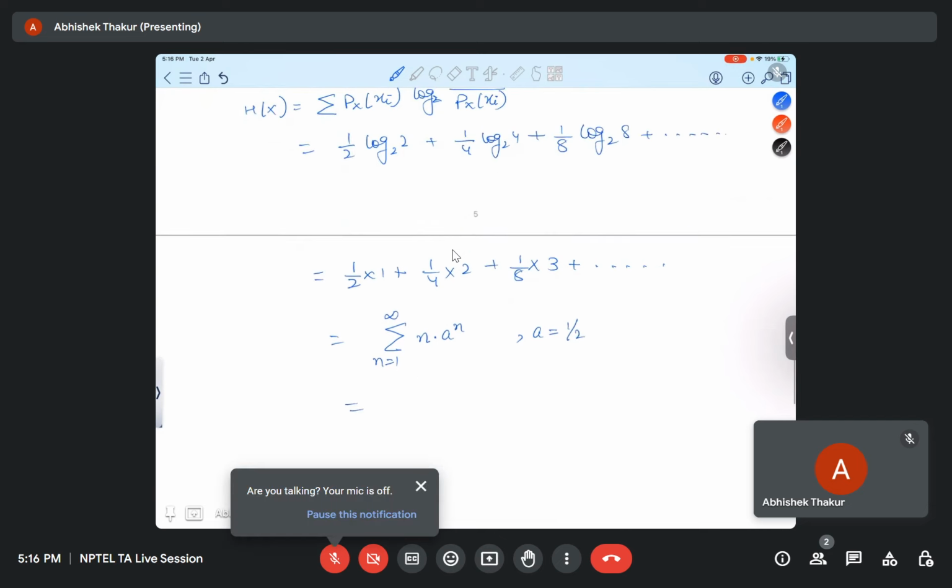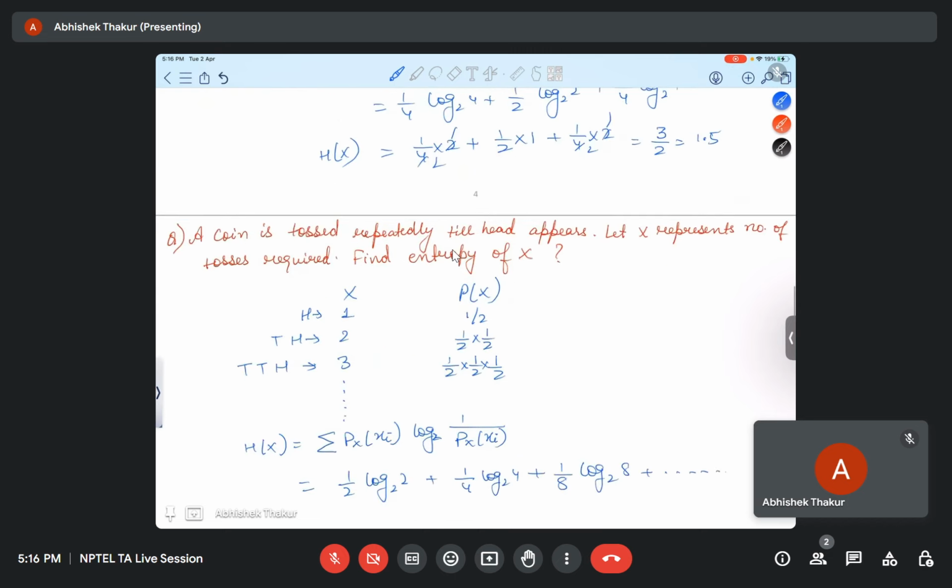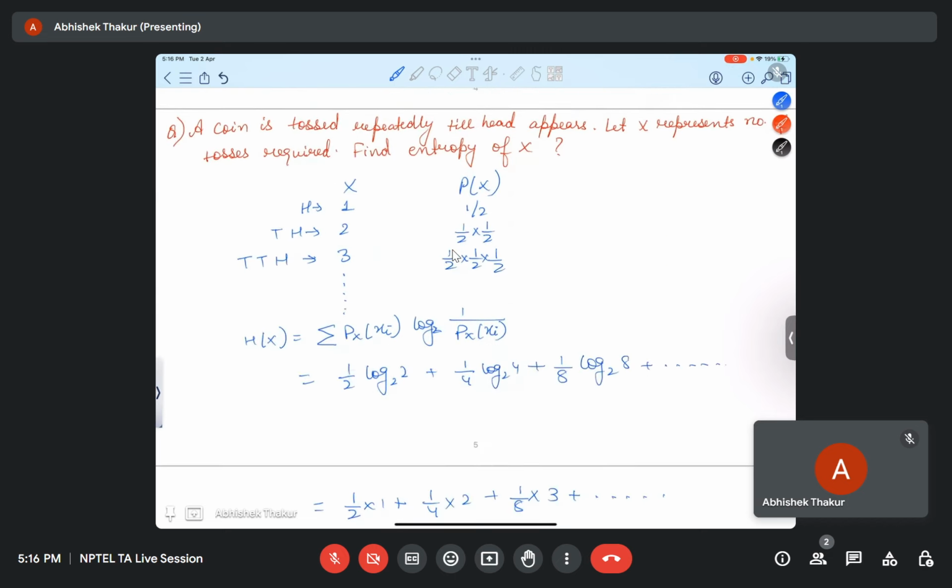So now the summation of n into a to the power of n is a divided by (1 minus a) whole square. So this will become half over (1 minus half) whole square. So the final answer will be 2. So in this way we can solve this question. This is a very interesting question.